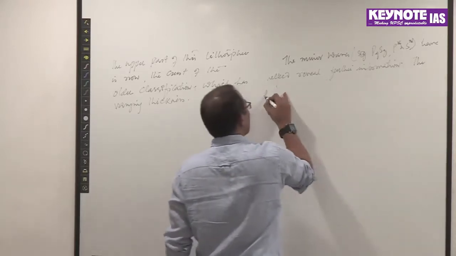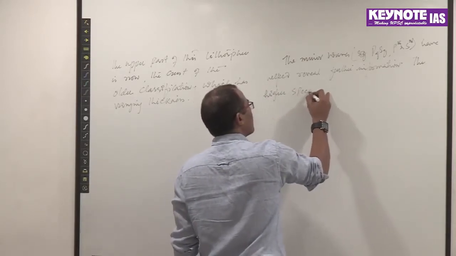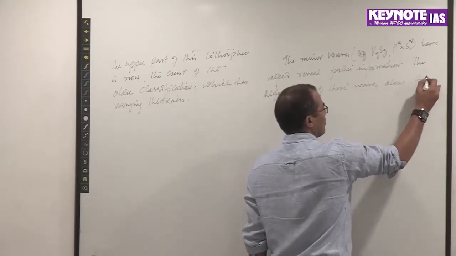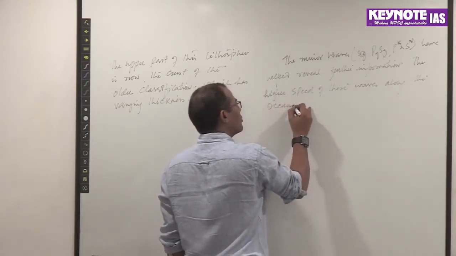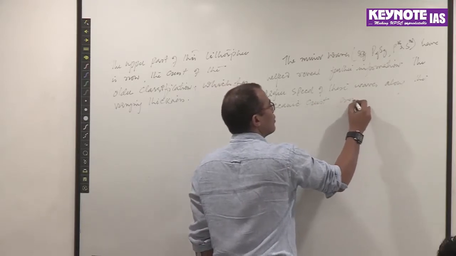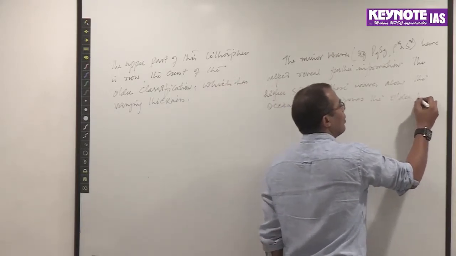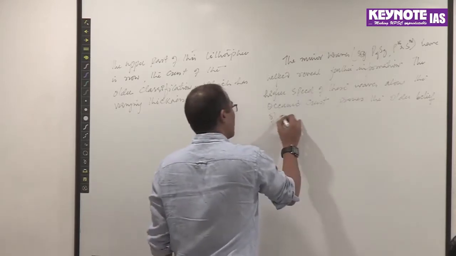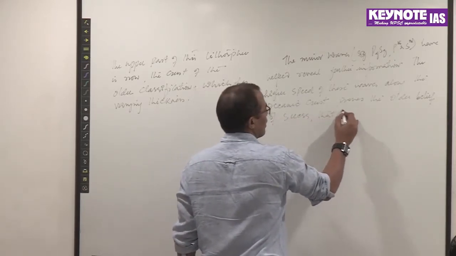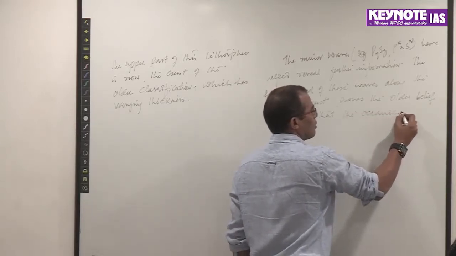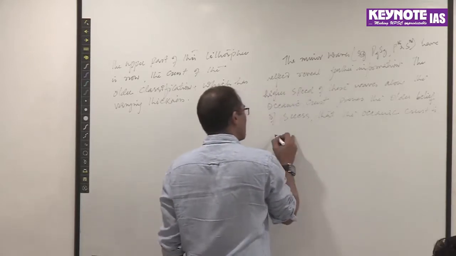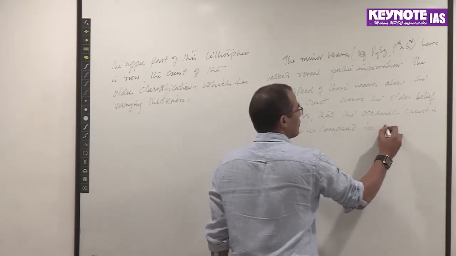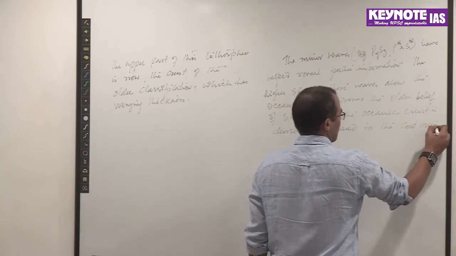The higher speed of these waves along the oceanic crust proves the older belief of Suess that the oceanic crust is denser as compared to the continental crust.